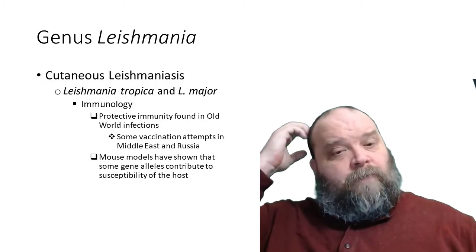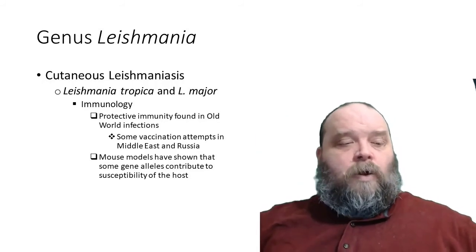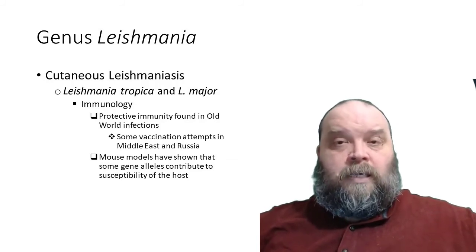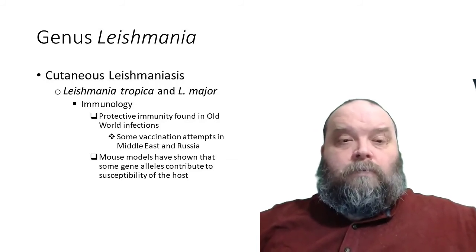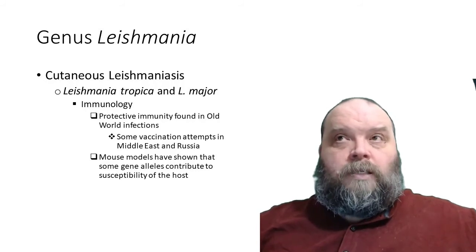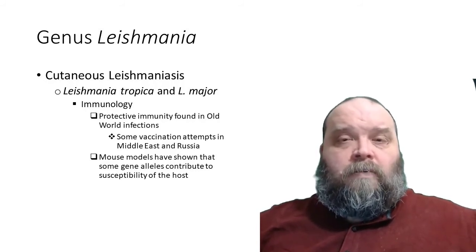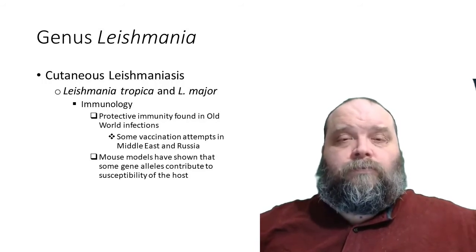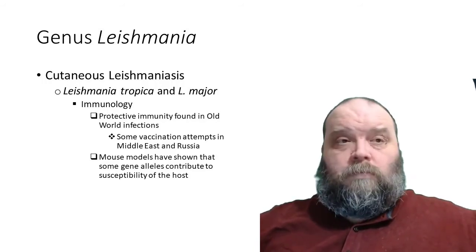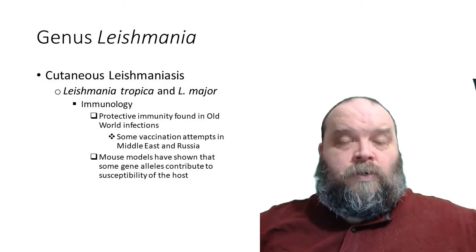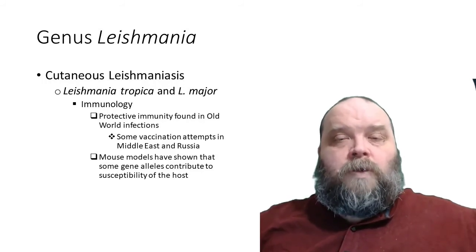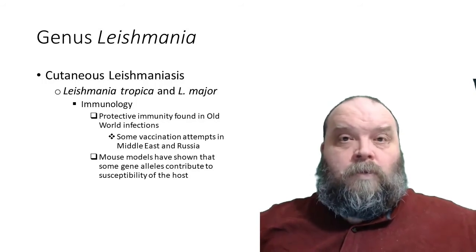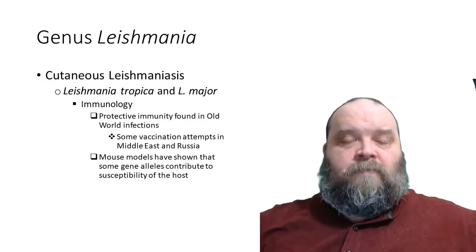Immunologically, what we find is that the Old World infections, the ones that happen in Africa, the Middle East, India, and so on, an initial infection, a small one, even one that results in an ulcer, gives lifelong immunity to any subsequent infections.